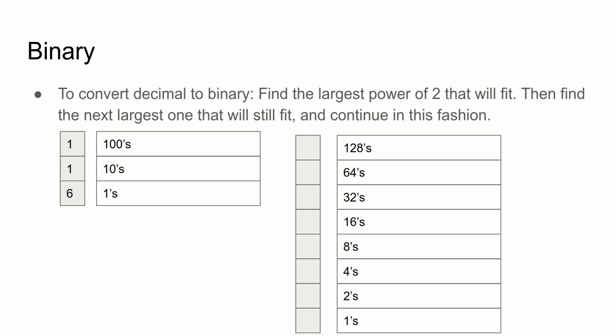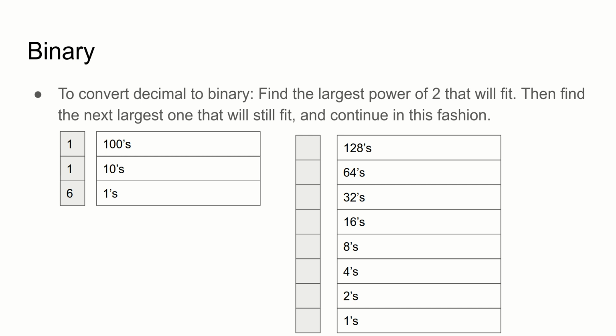And likewise, where before we were taking all of the place values that were on and adding them up to get our number, now we have our decimal number, and we're going to be subtracting away place values from it to figure out which of those place values need to be combined to make up our number.